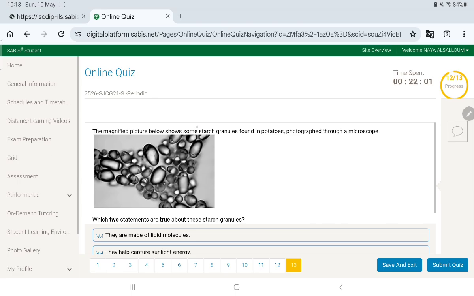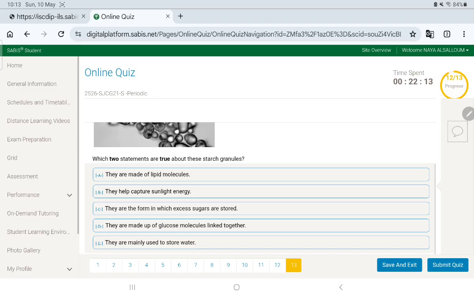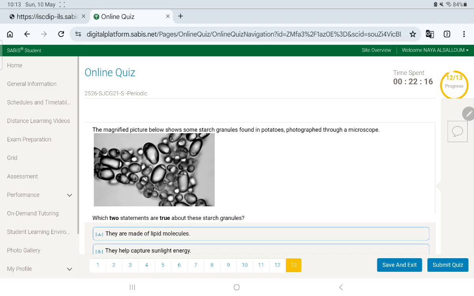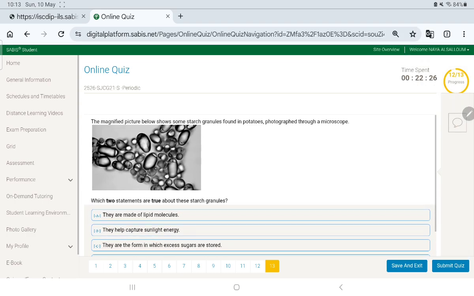The magnified picture shows some starch granules found in potatoes photographed through a microscope. Which two statements are true about these starch granules? Now, granules, let's zoom out a bit. So, granules, they store glucose.